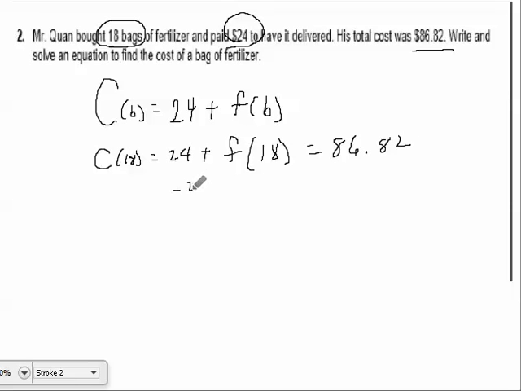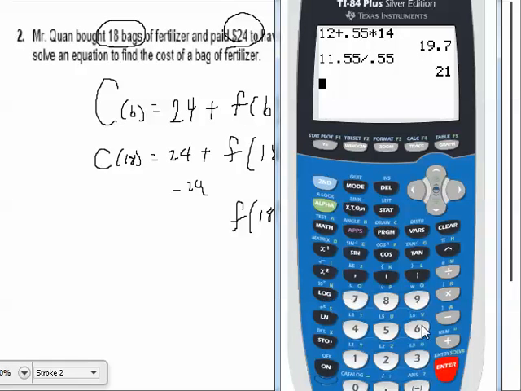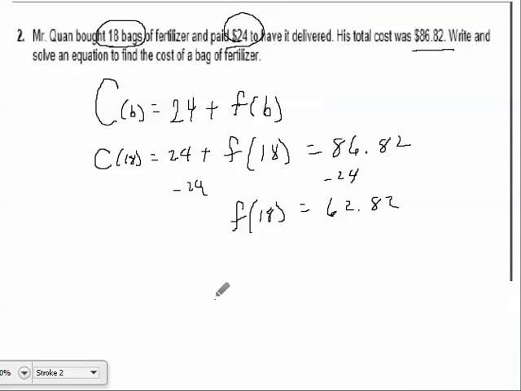If I subtract the 24 from both sides, I'm going to get that cost per bag times 18 was equal to 62.82. And if I divide 62.82 by 18, we get $3.49. So f is equal to $3.49.